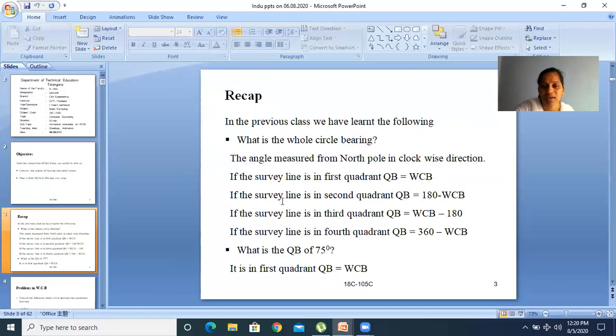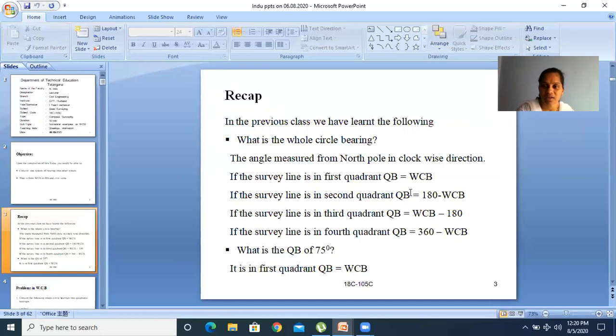If the line is in the second quadrant, the values are from 90 to 180. First quadrant is 0 to 90, right? Then if the line lies in the second quadrant, QB is equal to 180 minus WCB, or WCB is equal to 180 minus QB.